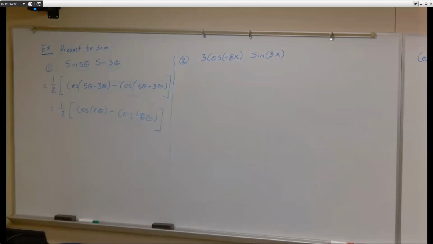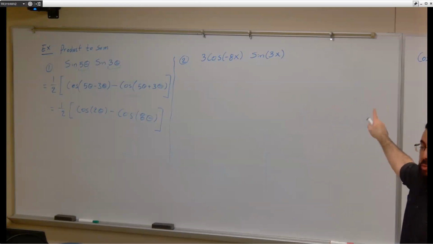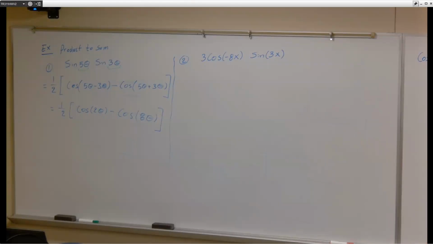Just using the formula. Can I do the same thing with the next example? Do you have a formula similar to this one? Look here at the second one. The first one is cosine, the second one is sine. Do you have cosine and sine? The last one, cosine U, sine V, okay?